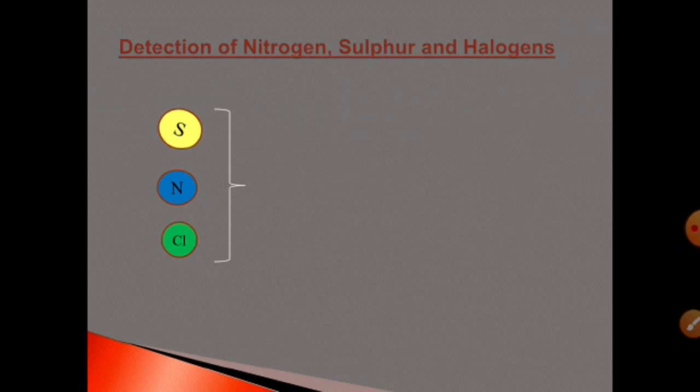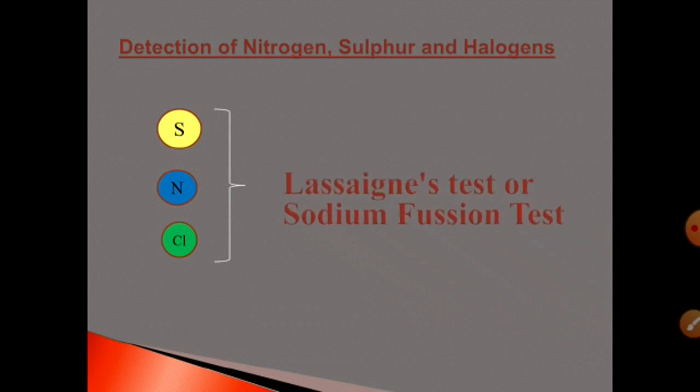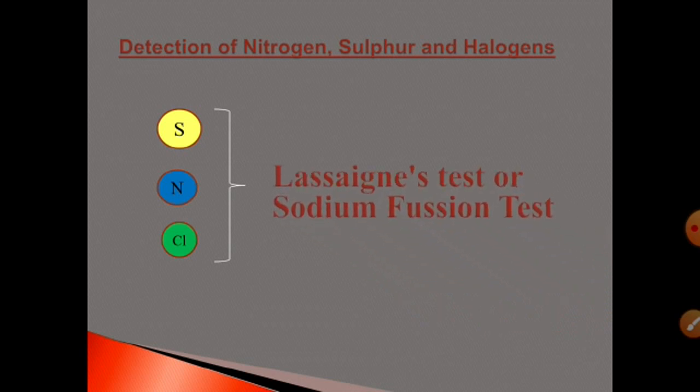These extra elements are usually detected by a test known as the Lassaigne test or sodium fusion test. In this test, the organic compounds are fused with sodium metal. Any halogen, nitrogen and sulfur will be converted into sodium salt.